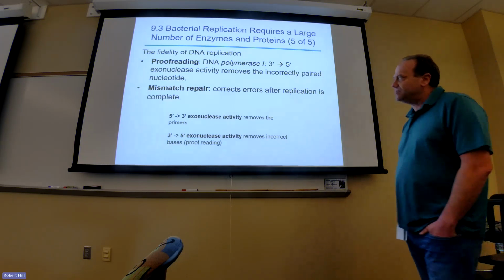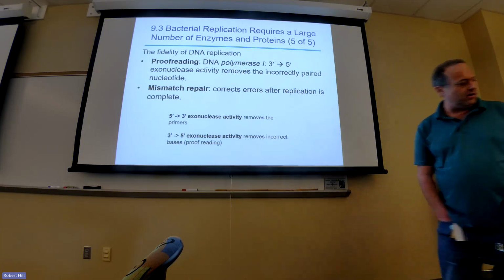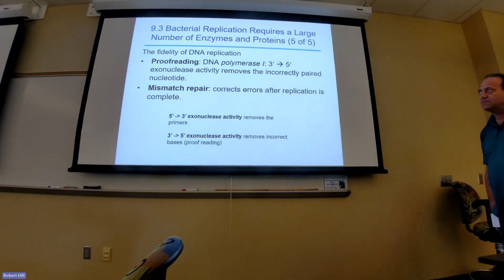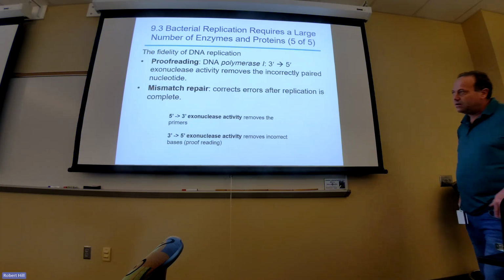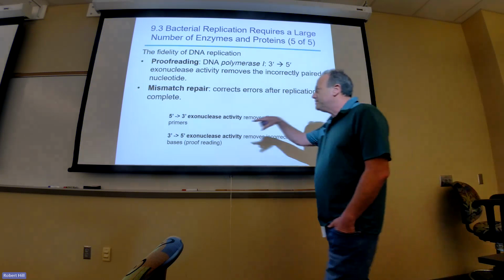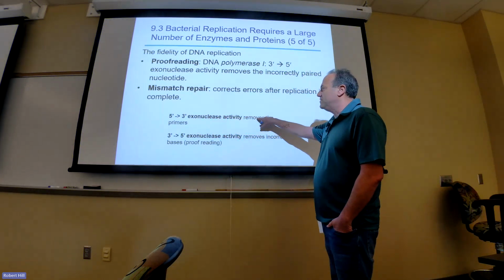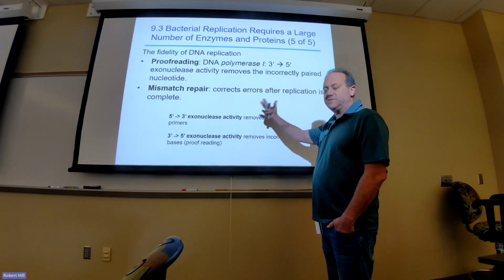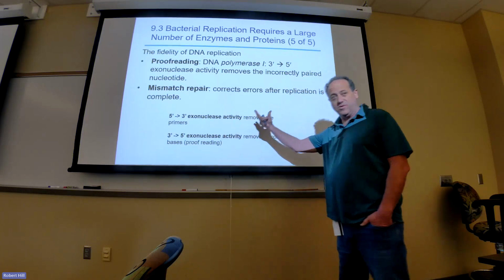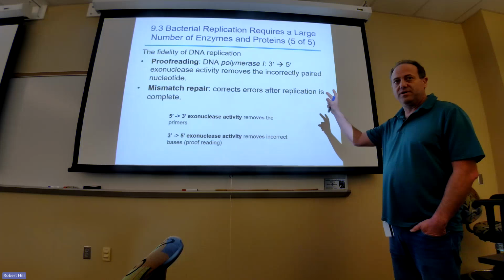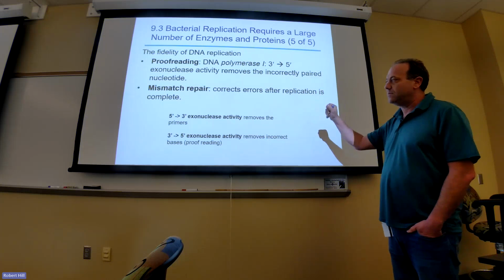So another factor that increases the fidelity of DNA replication is the proofreading capability of DNA polymerase 1. Over here, we said it has 5' to 3' exonuclease activity, which is involved in removing the primer, and then its own polymerase activity, not DNA pol 3, comes in and replaces the primer.